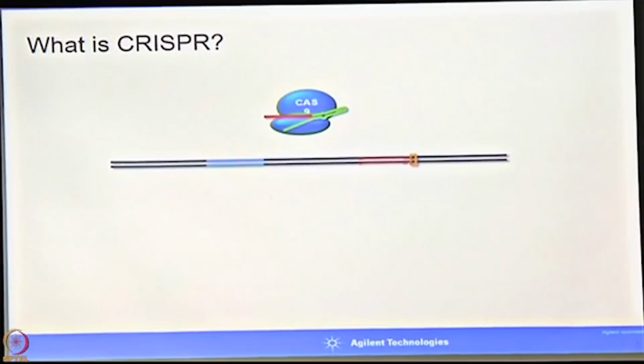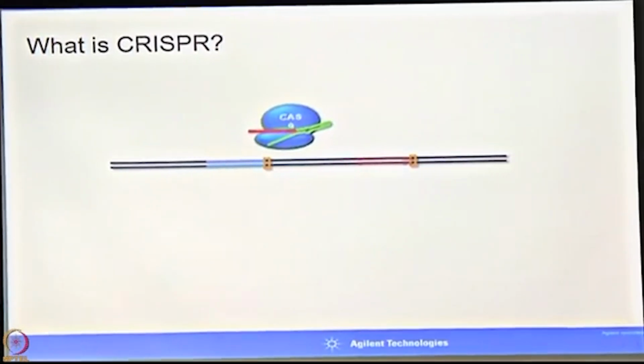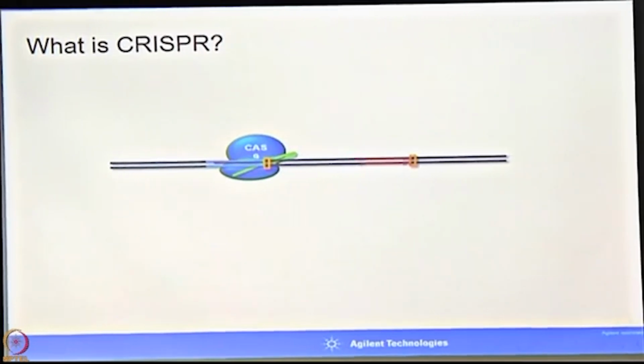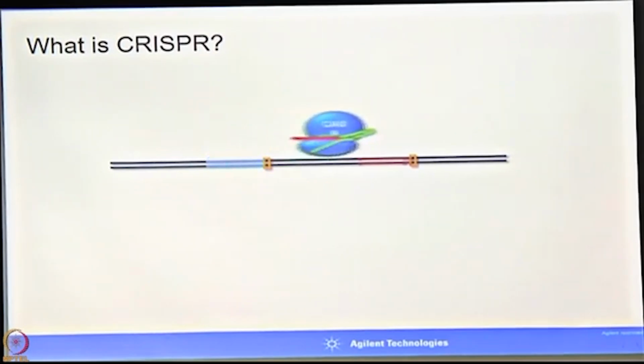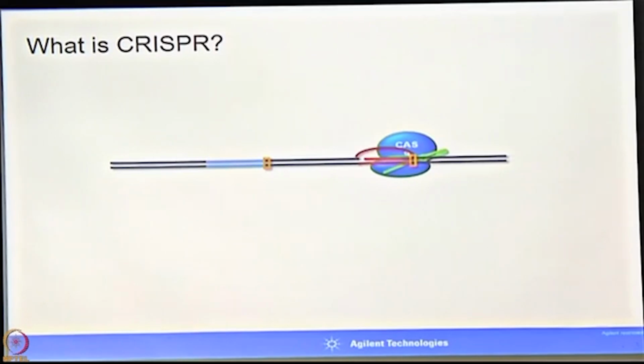When this becomes active, they attach, and it goes to the PAM site like this. If it is identical or hybridized on that, it creates a nick, right? This Cas9 enzyme, when this guide RNA is specific to that, it creates a nick. Now it allows you three possibilities.